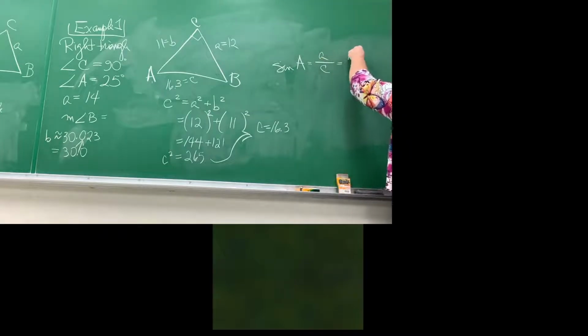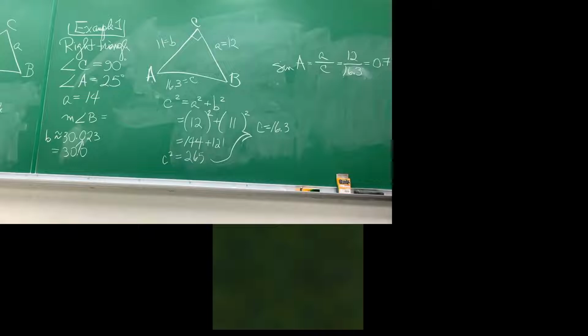Yeah, oh yeah, 12 over 16.3. Well, 12 over 16.3, that's a number we can find. To 4 decimal places, what is that number? 0.7361. And it's going to be rounded up to 2 because the next digit's 9.